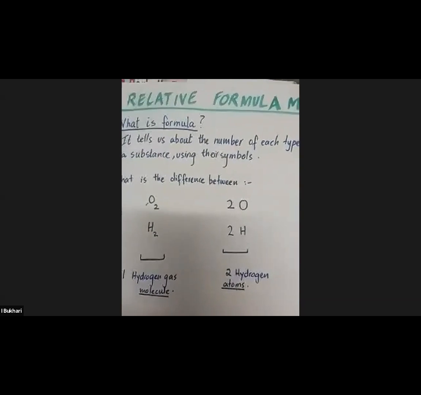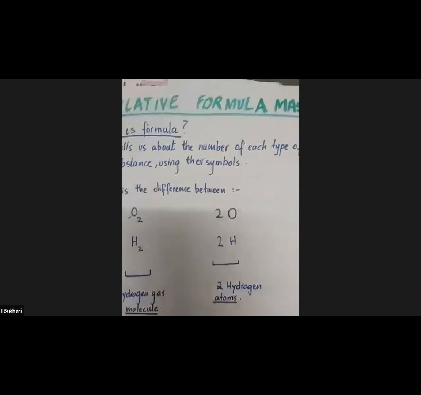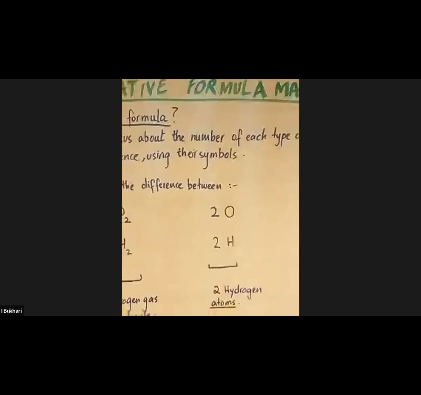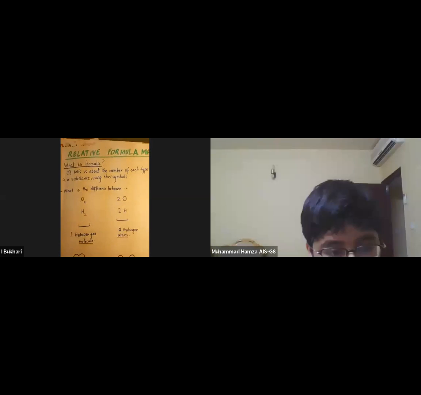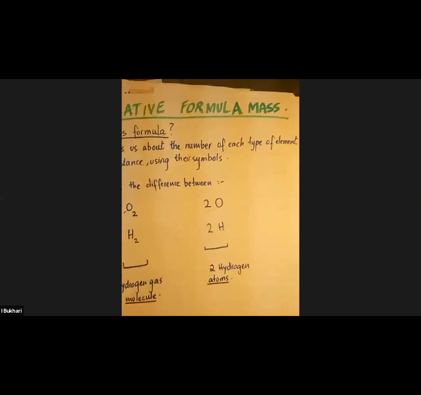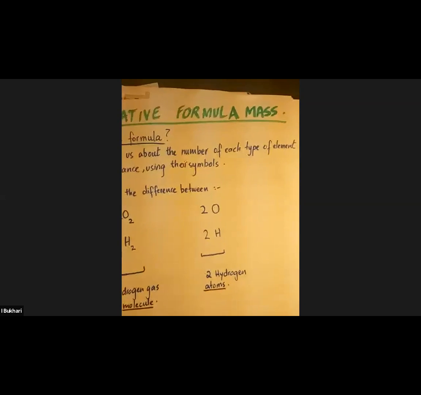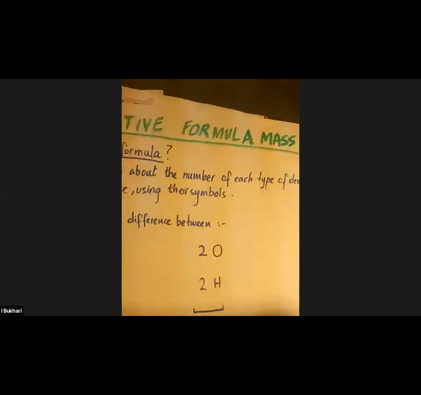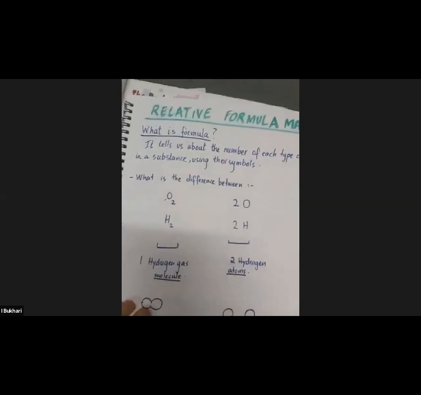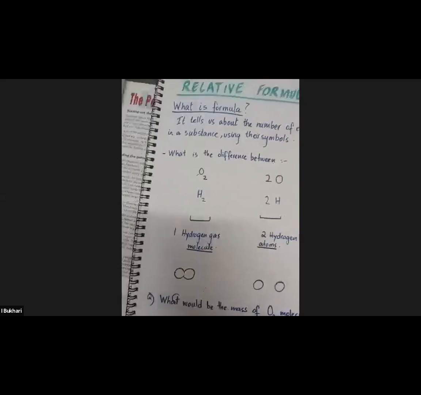Then we talked about isotopes, and I told you how to calculate the relative atomic mass, the average atomic mass, keeping in mind the number of isotopes and how they exist in nature. And then I wanted you to do question number 6 at the end of chapter 3.